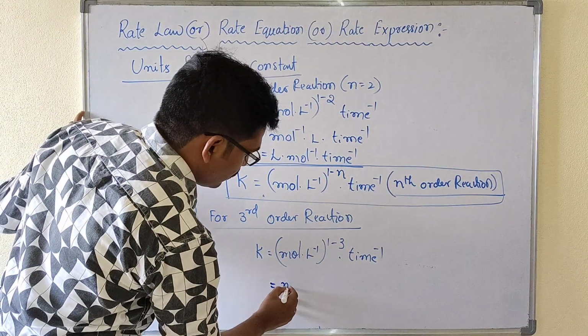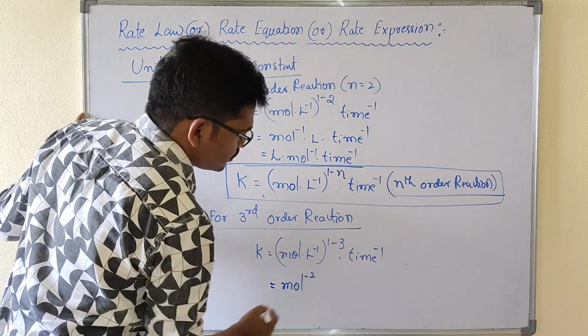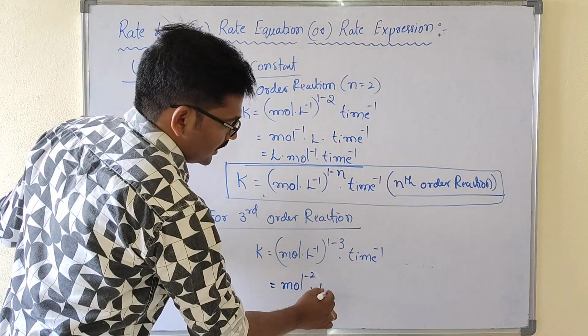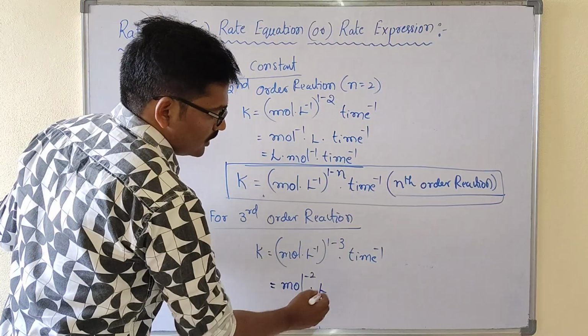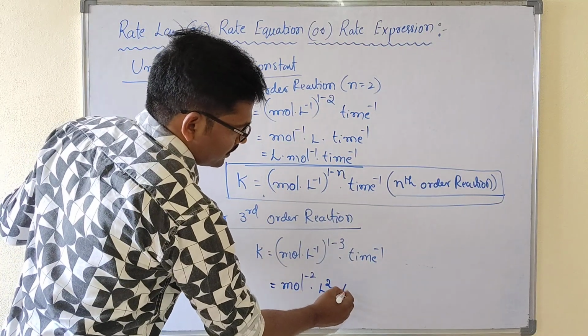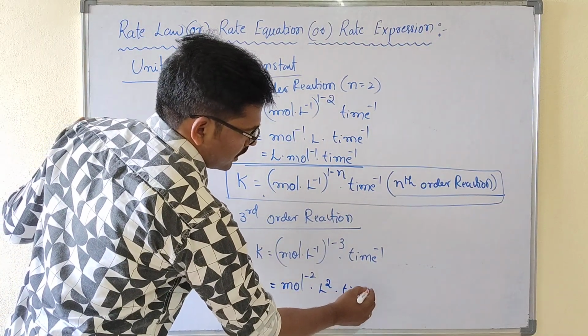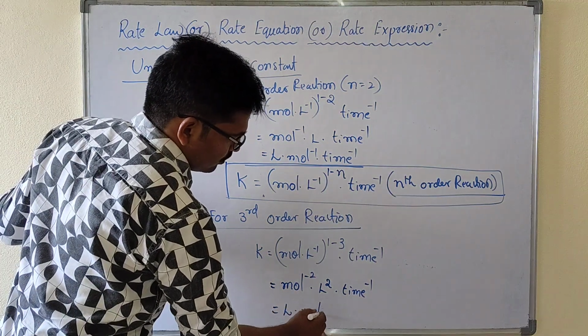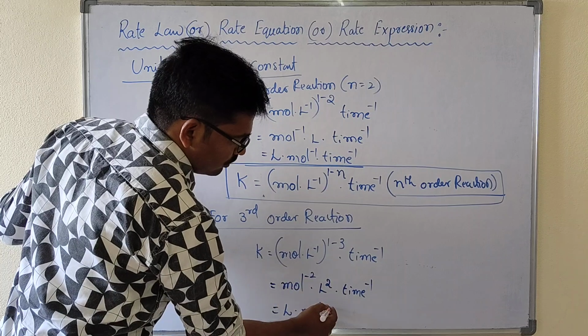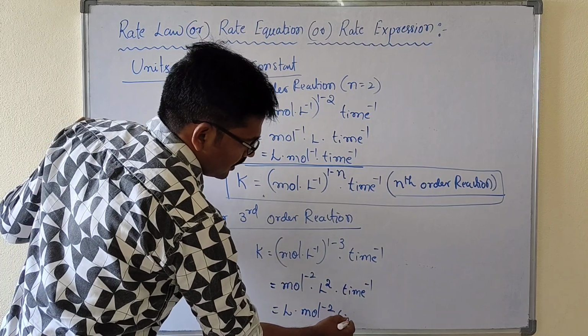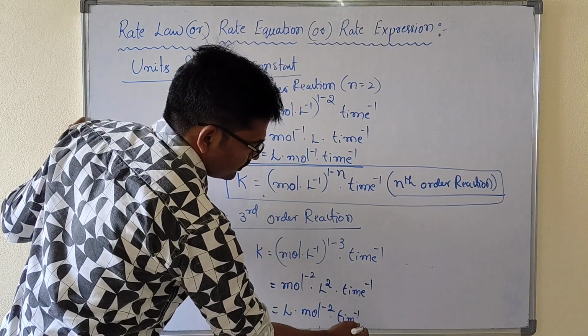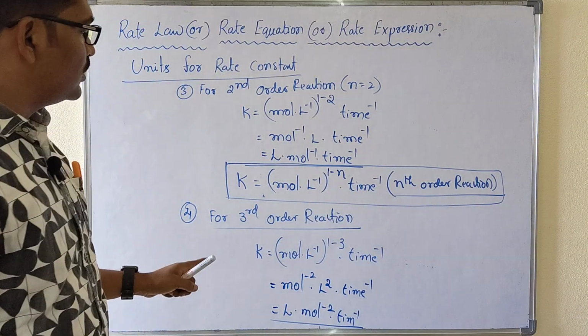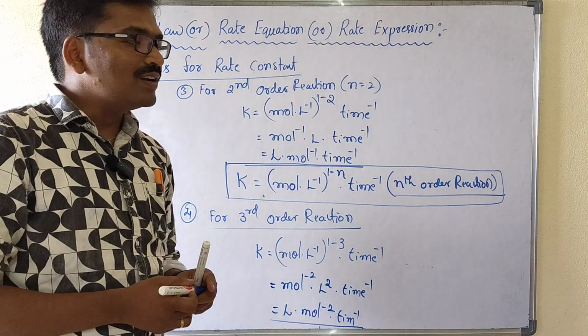So mole to the power minus 2, liter to the power minus 2 into minus 1, so liter square, then time inverse. So you can get it as liter square mole inverse 2, time inverse 1. That you have to take, my dear students. These are the units for third order reaction.